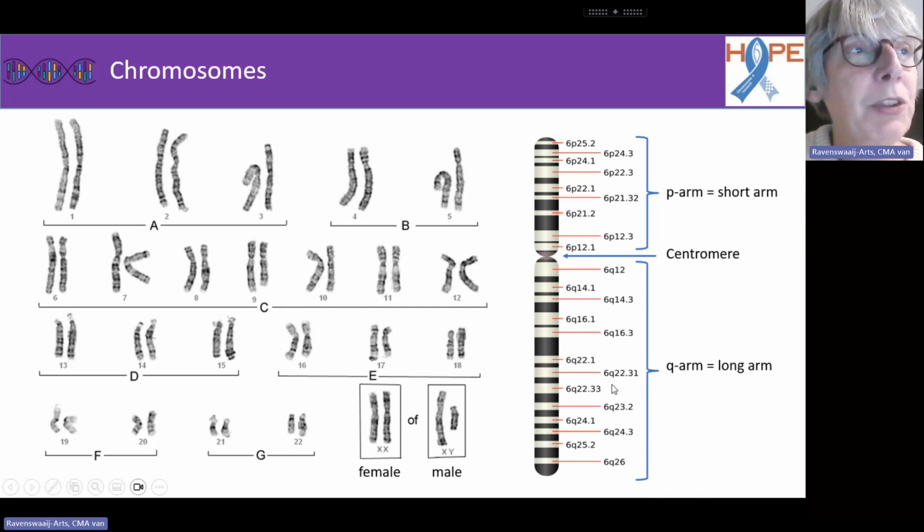And in these arms you see the numbering from the centromere outwards. So this is band P12. And if you see a small line in between, you can say, oh, this is 12.1, 12.2, 12.3. It's a very strange numbering. Then you have band P21, P22, etc., until 6P26. And in Q, it's the same. So that's how we number the chromosome bands.